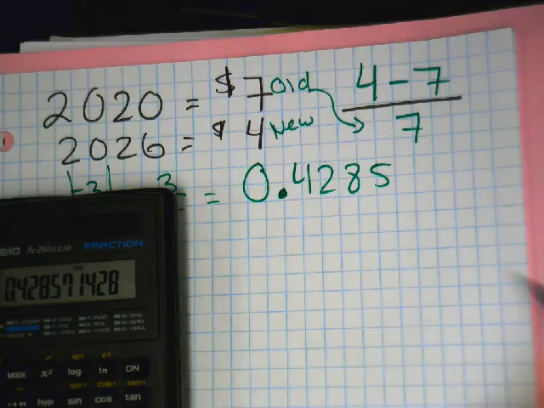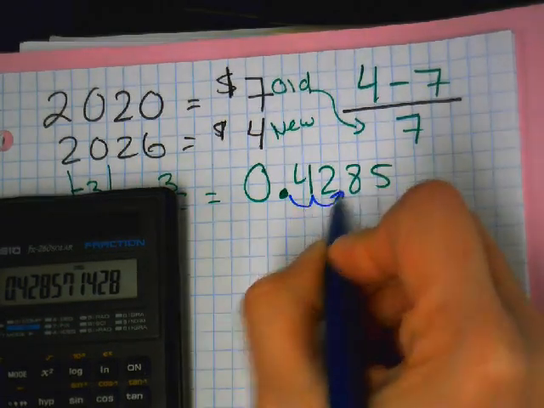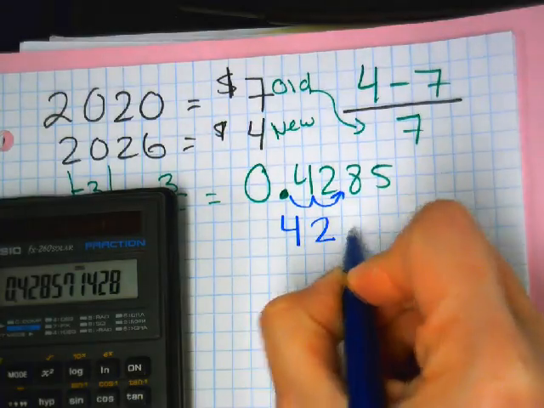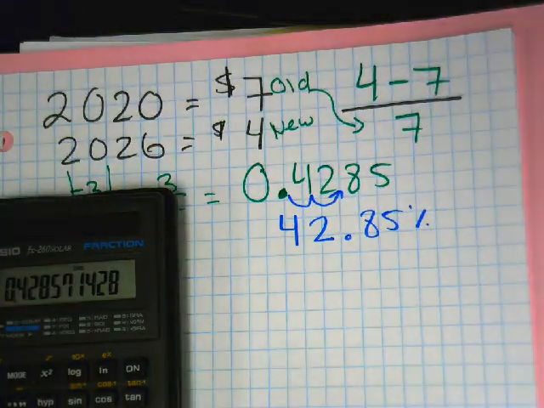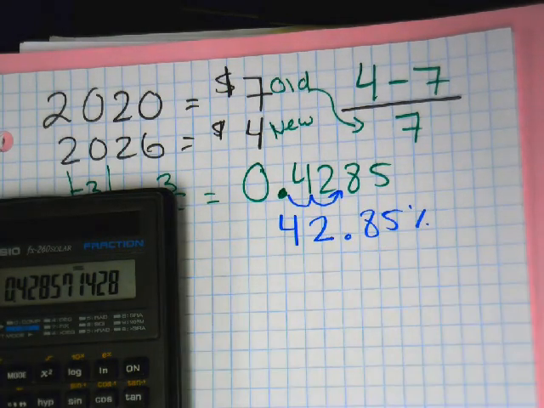Twice. Even though I have a lot of numbers, I'm still moving it twice. 1, 2. We can say 42.85. We can also say 43 if we round up, because the 8 tells the 2 to go up. There are a lot of different ways we can handle this. We'll just leave it as 42.85.